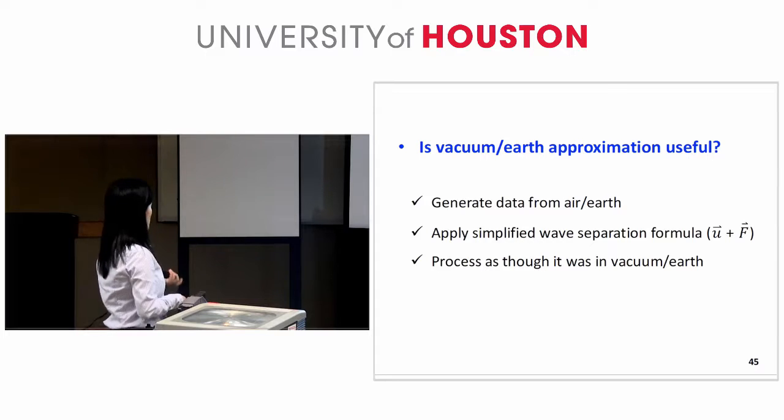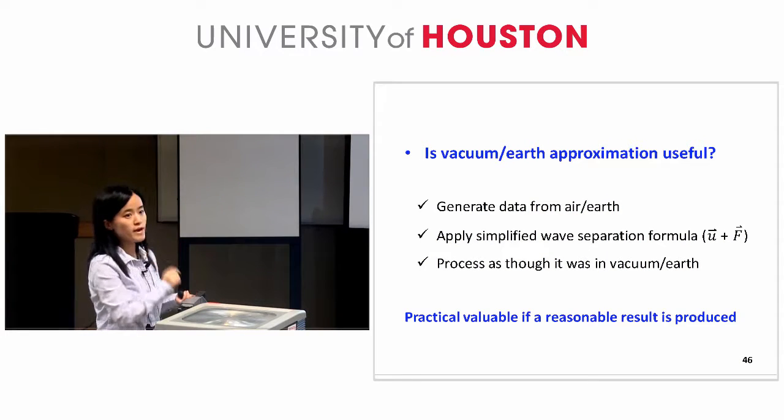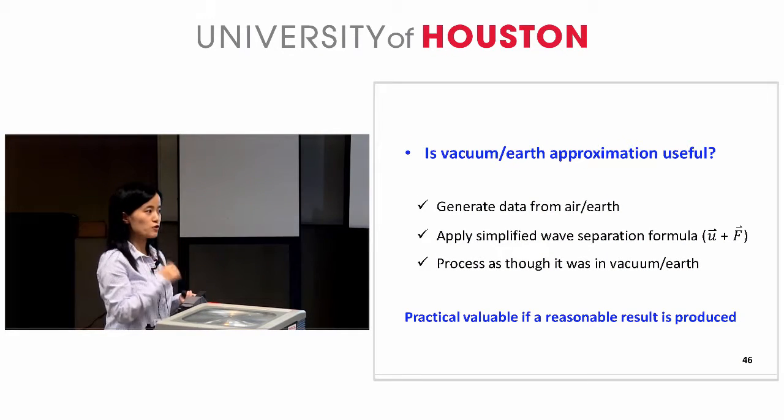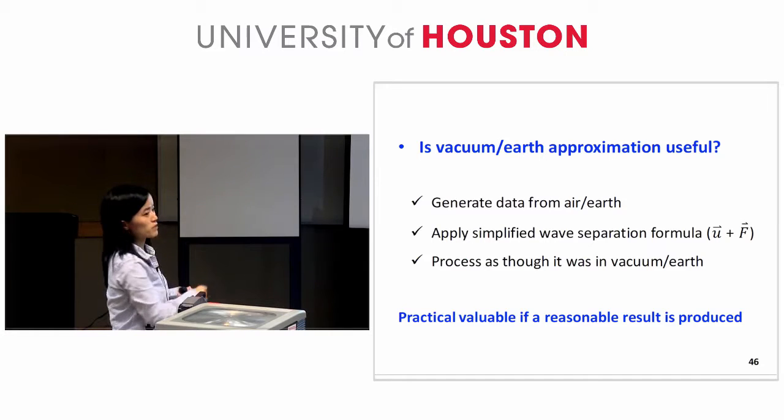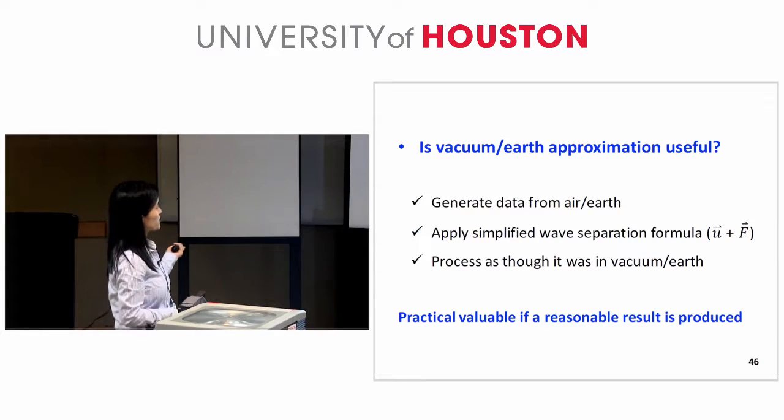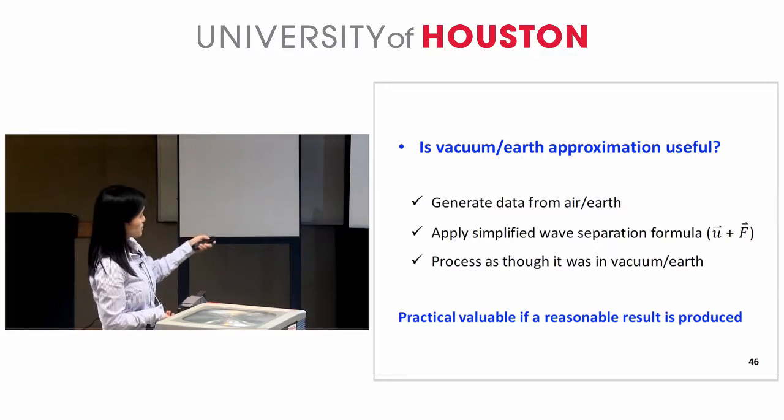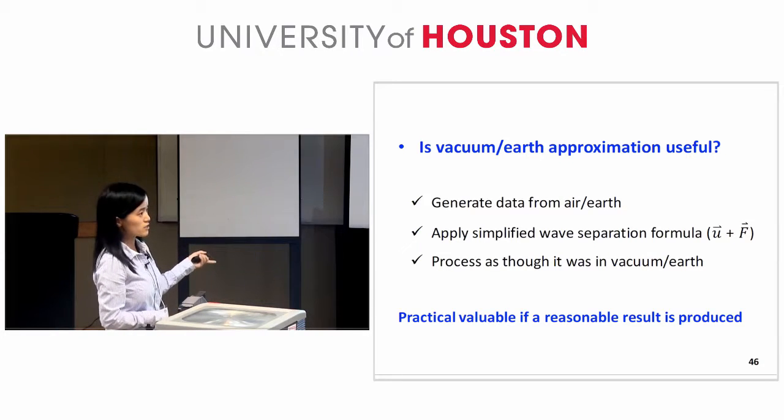If yes, then this approximation will allow the current leading edge onshore acquisition to benefit from the theory to remove ground roll and ghosts, and it is practically valuable. So next, I'm going to evaluate this approximation by using the wave shown in this red box.